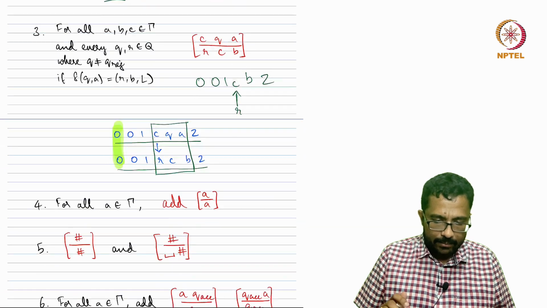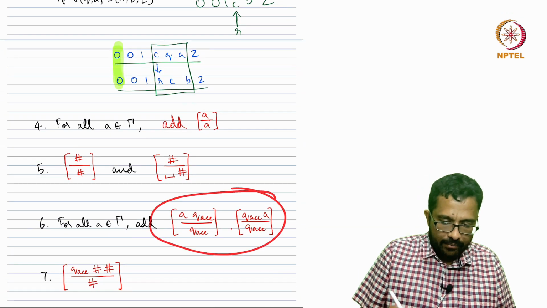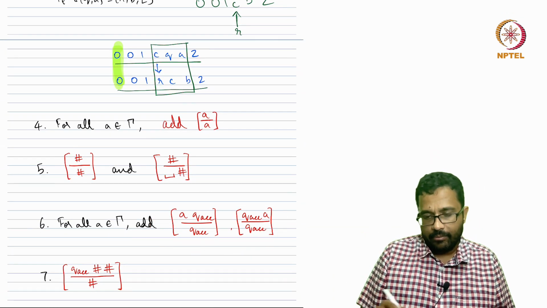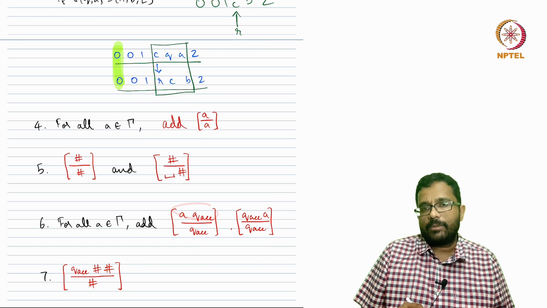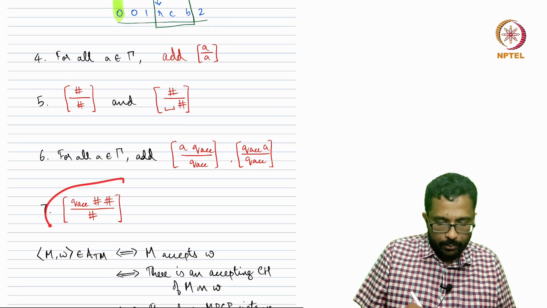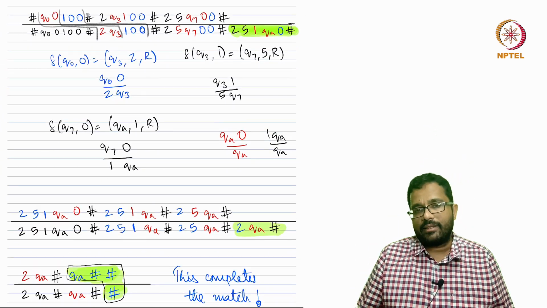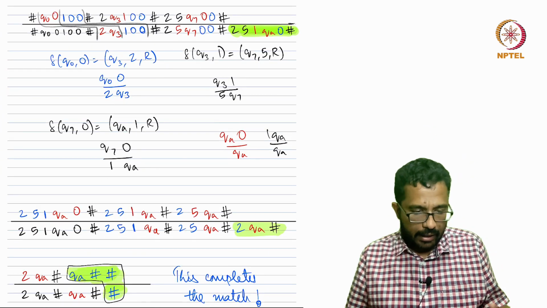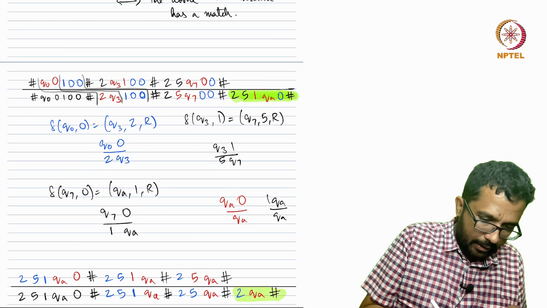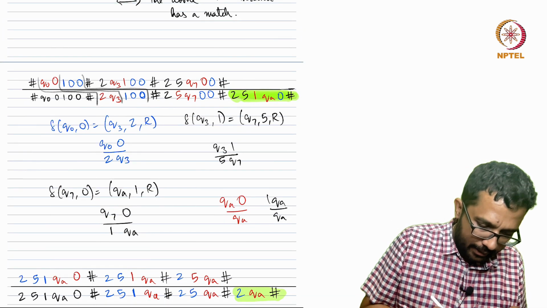And once there is an acceptance, tile number 6 allows the top to catch up by absorbing the symbols near the accepting state. Finally, we close it with tile number 7, but that is available only on acceptance, right? Let me also highlight this side.